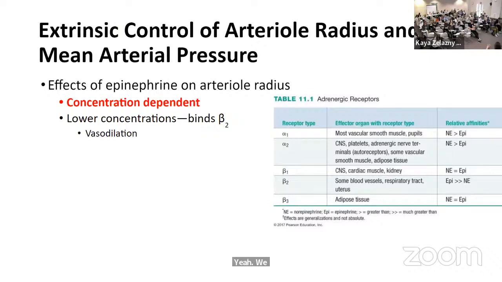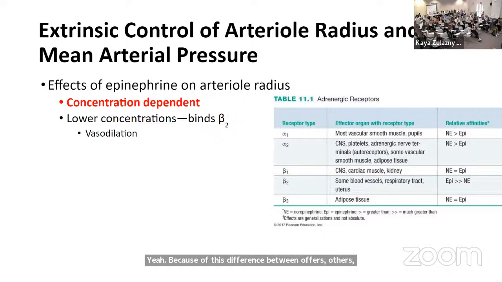Because of this difference between alpha receptors and beta receptors in their affinity for epinephrine, the effect overall is going to depend on how much epinephrine you have. So the concentration, right? If you only have a little bit of epinephrine, your adrenal gland isn't really active, it's just a little bit active.